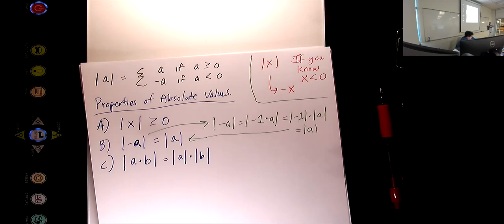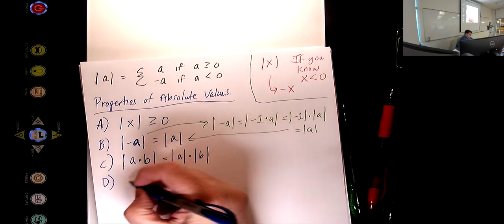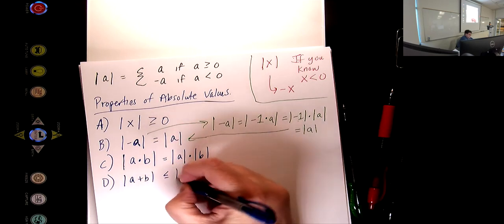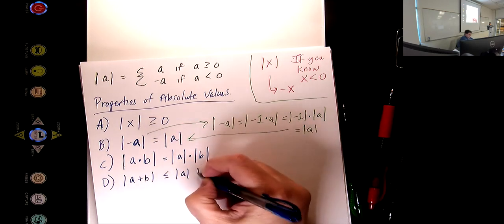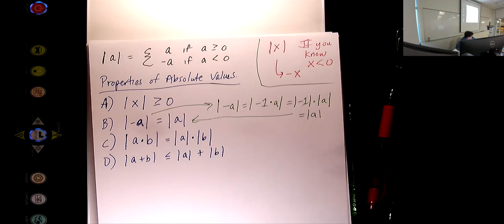Property D doesn't come up that often. It's called the triangle inequality. The absolute value of A plus B is less than or equal to the absolute value of A plus the absolute value of B. I should have done that one last.